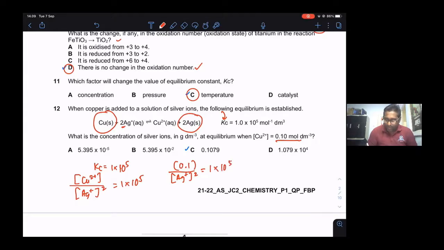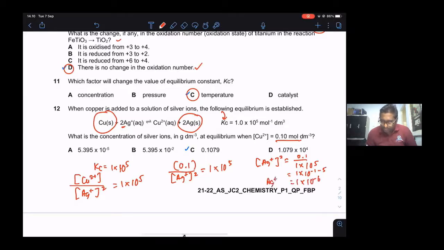You just need to find Ag plus. So it's going to be 0.1 divided by 1 times 10 to the power of 5. You will get 1 times 10 negative 1, then minus 5, 1 times 10 negative 6.